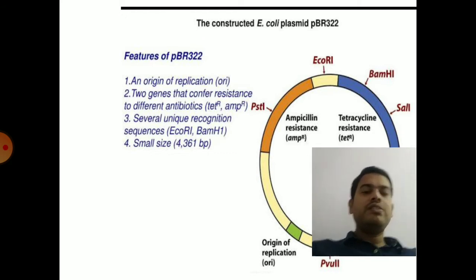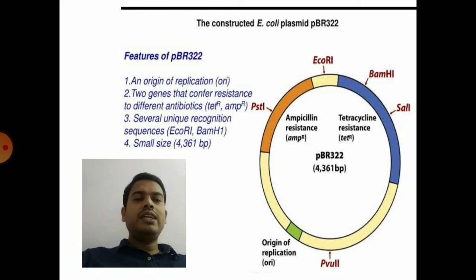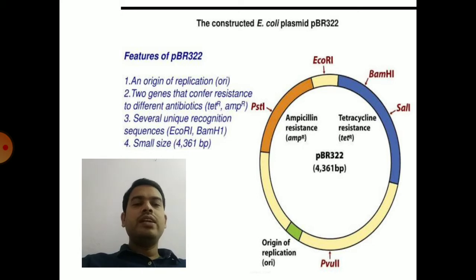So the first vector that has been created, obtained from Escherichia coli, is pBR322. It is a 4361 base pair plasmid, a circular, double stranded plasmid obtained from Escherichia coli.